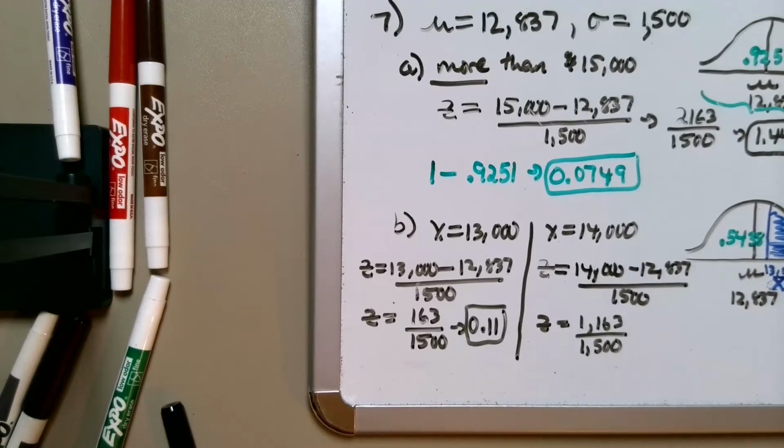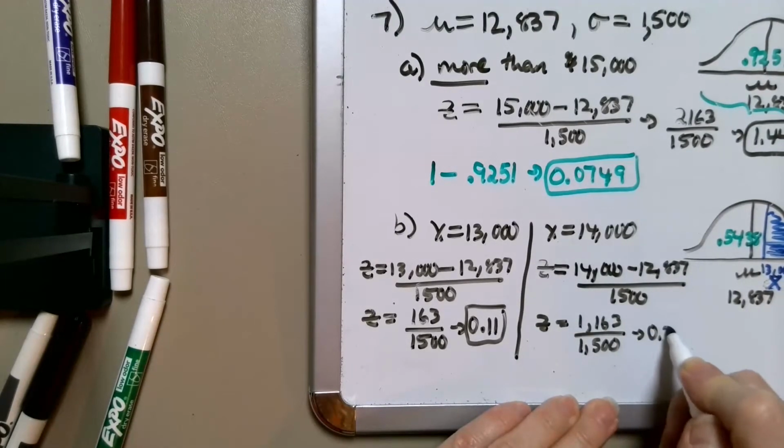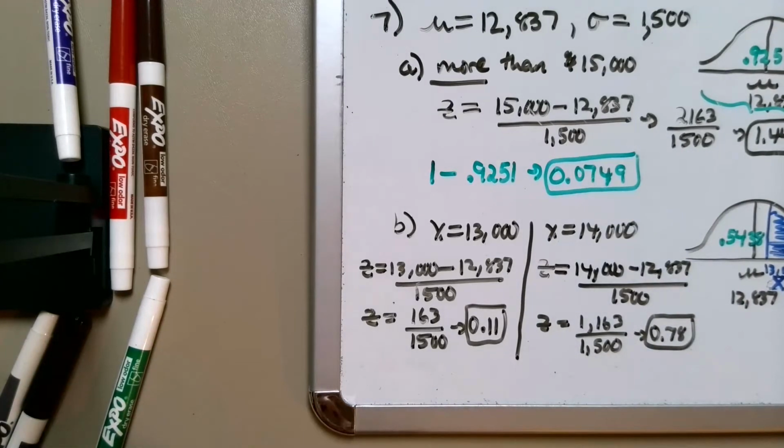Let me just double check my figures. And then dividing that by 1,500, we're going to get 0.775. So we have to round to 2 decimal places. I'm going to call that 0.78, 0.775. We're going to round that up.